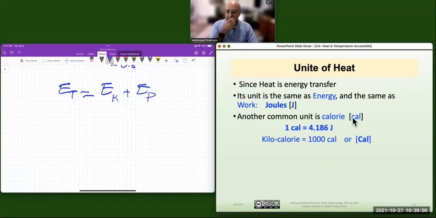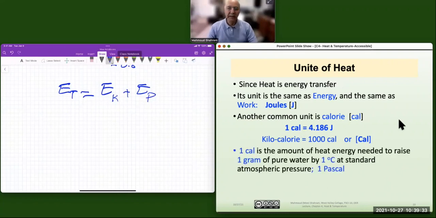Sometimes a calorie is not much of an energy, so we multiply that by 1,000. When you do that, we call it kilocalorie, and we show it with a capital C, whereas the calorie we show with a small c.